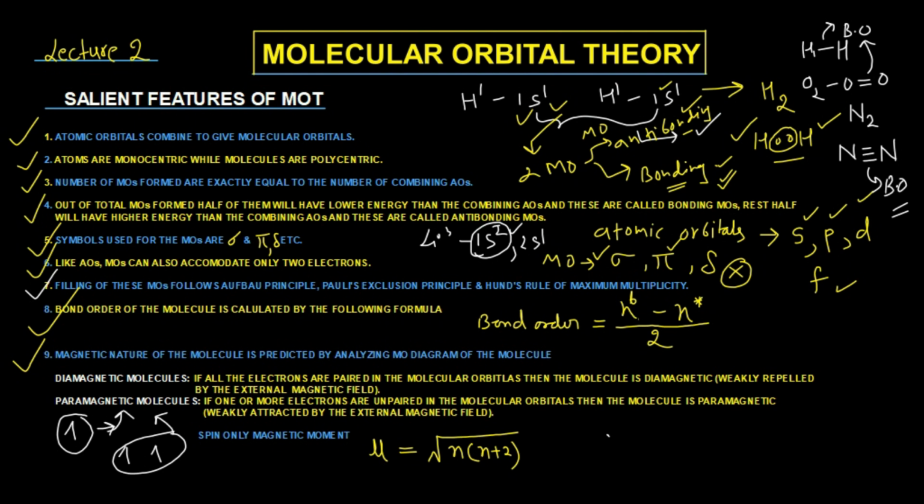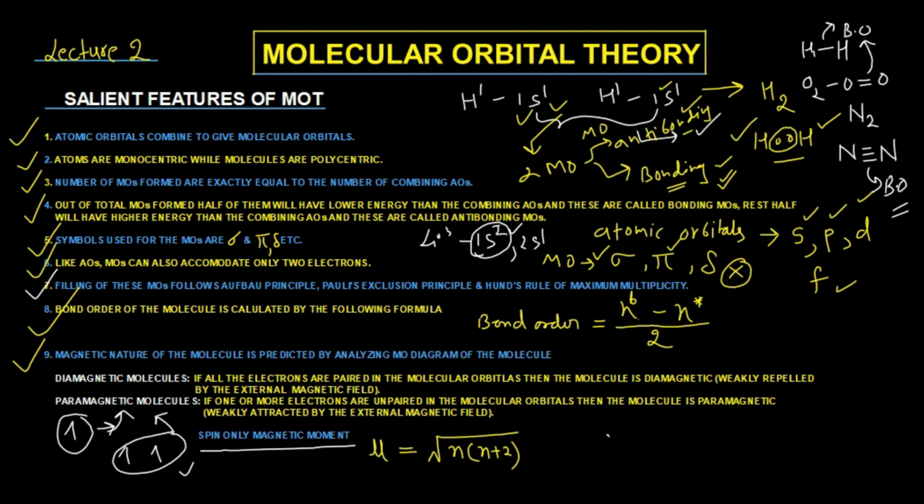But what would be the magnitude of the paramagnetic nature? This is calculated by the magnetic moment of the molecule, and that will be the spin-only magnetic moment, because here we will not consider the orbital contribution to the magnetic moment, which generally happens in coordination compounds. In the coordination chemistry playlist, I have explained all these things pretty clearly.